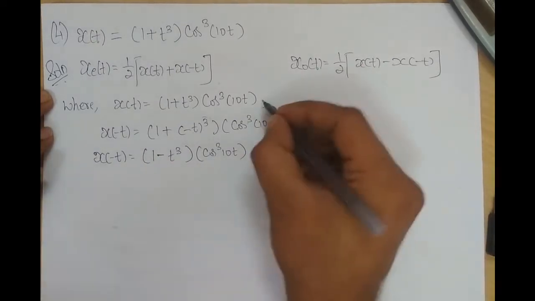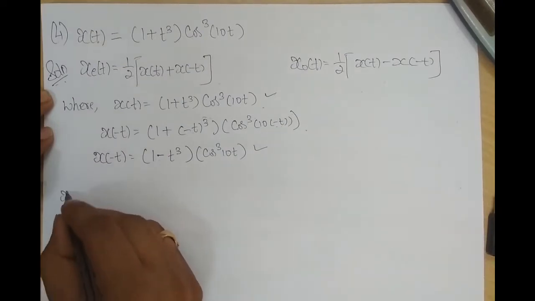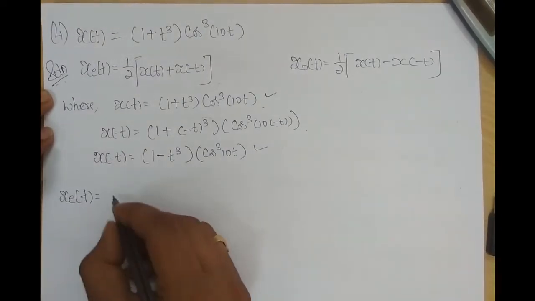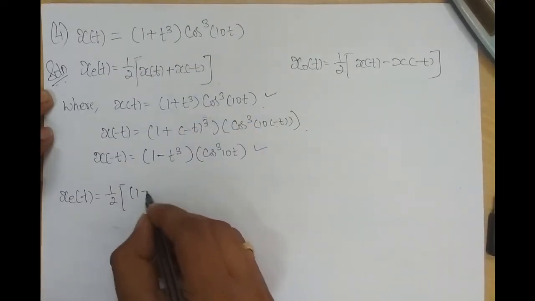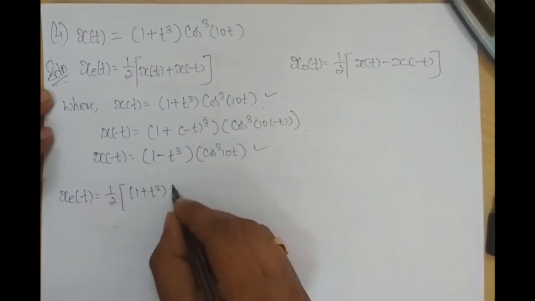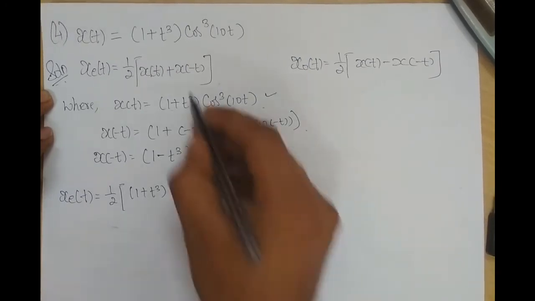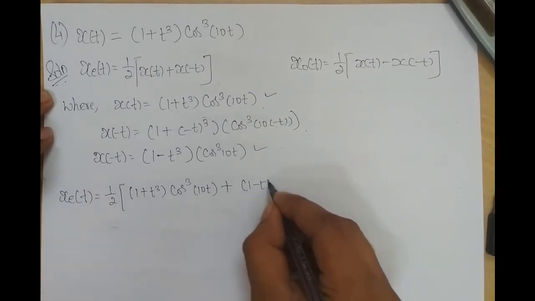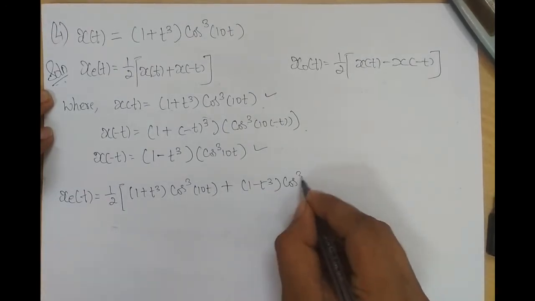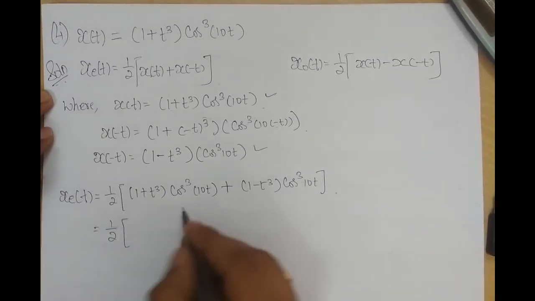Now we plug these two equations into the even and odd equations. x_e(t) is equal to 1/2 times x(t), which is (1 + t^3) cos^3(10t), plus x(-t), which is (1 - t^3) cos^3(10t).